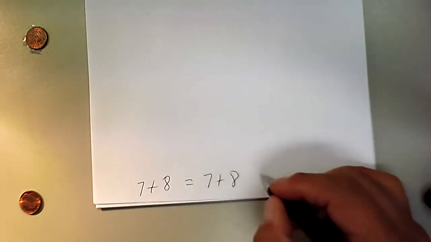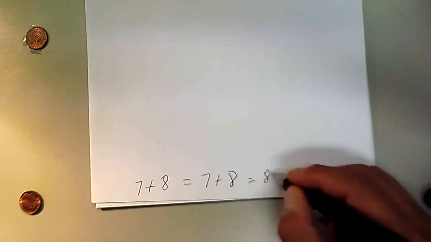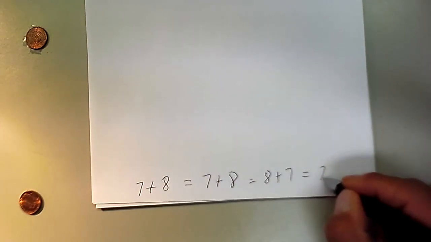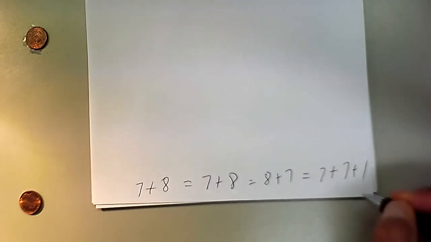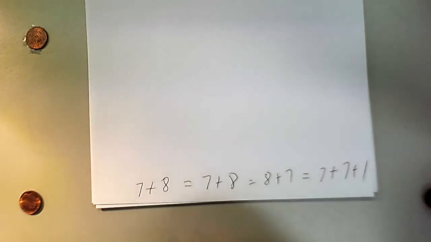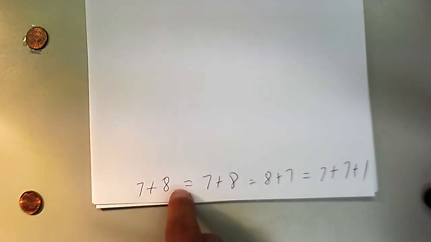For that matter, a student could say, well, it's the same thing as 8 plus 7. There are many answers that are accurate, true, or somebody could say, well, that's the same thing as 7 plus 1. There's many ways to break up this. But usually when we ask a student of elementary school to add 7 plus 8, we mean 15, correct?